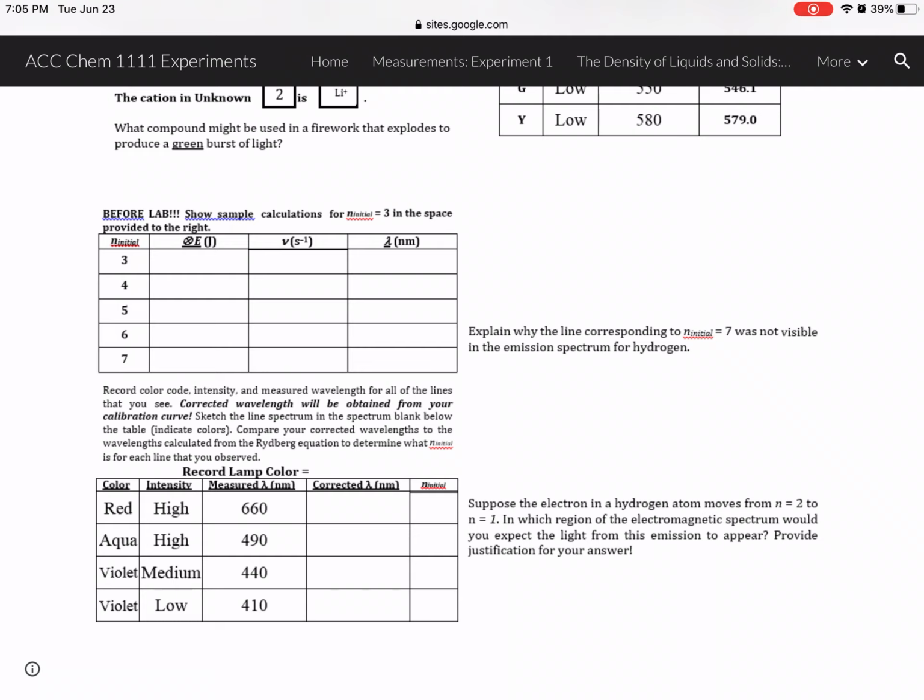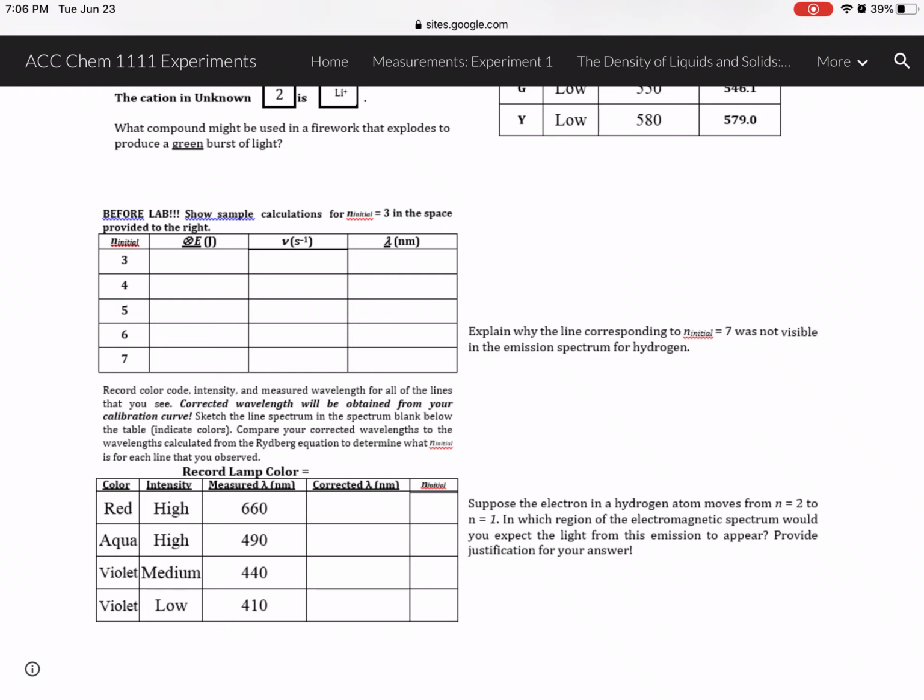Now remember, the hydrogen emission spectrum is visible from 400 to 750 nanometers. When you do the calculations for n initial 7, you will come up with a number for the wavelength. Once you see that number, you will figure out whether it is in the visible region, the UV region, or the infrared region by looking at the wavelength. So you should be able to answer that question.